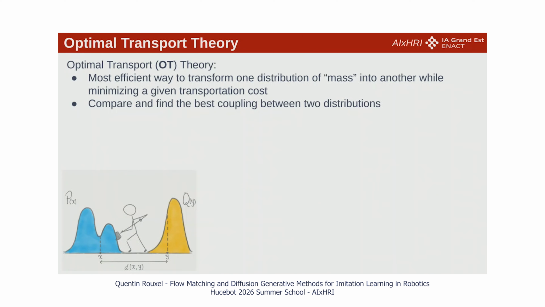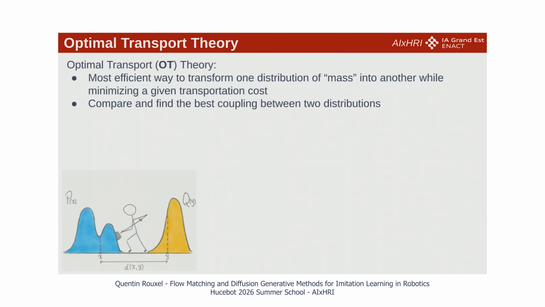And the question is how we can move the sand from one distribution to another by moving as little sand as possible. So how we can transform a pile of sand in one shape to another shape with a kind of mass conservation, which is equivalent to transforming a distribution to another distribution by moving as little sand as possible. And this actually has many applications in theoretical math, and it can be used to compare two probability distributions and to find the best coupling between two distributions.